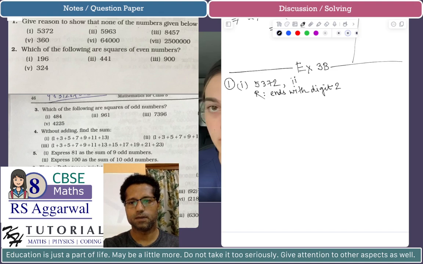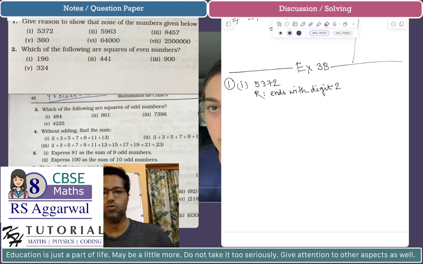5, 3, 7, 2 cannot be a perfect square because it ends with the digit 2.